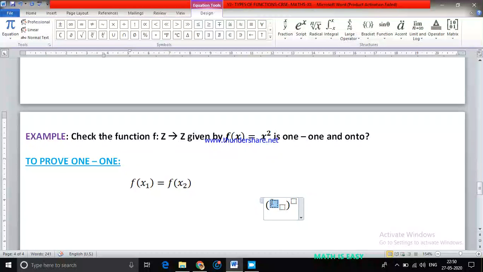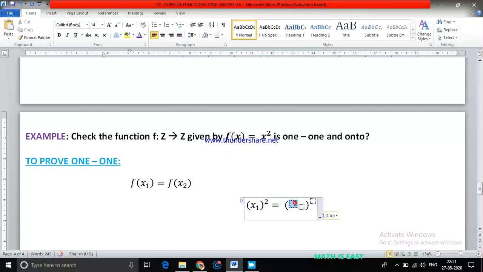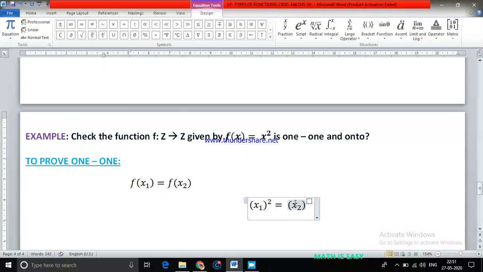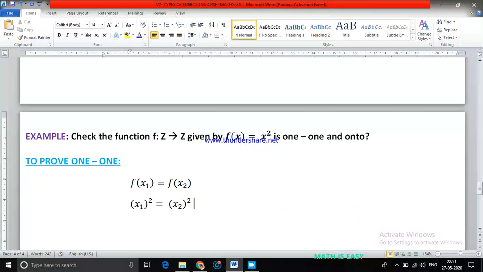F of x is defined as f of x equals x square, right? So can anyone guess what will be the f of x1? It will be x1 square, and that will be equal to x2 square. Am I right? x1 square equals x2 square.